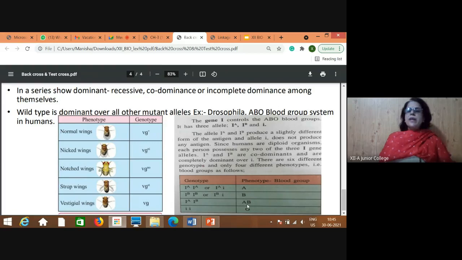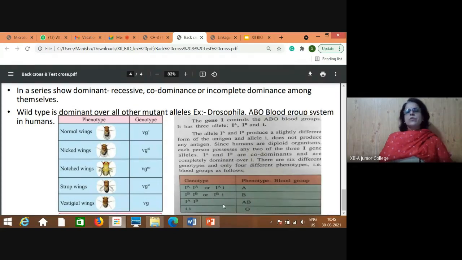When the blood group is AB, it shows the presence of both antigens, IA and IB. Now you can tell me which is the example of codominance. And when no antigens are produced, this is the homozygous recessive form, that is blood group O, without any antigen, both alleles in recessive form.